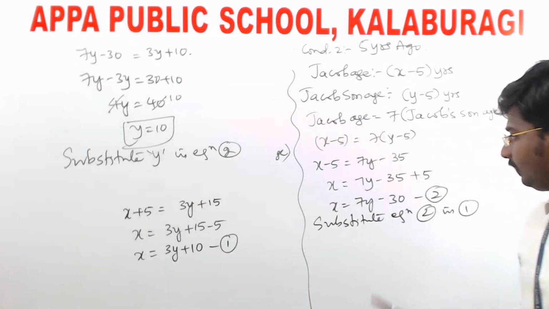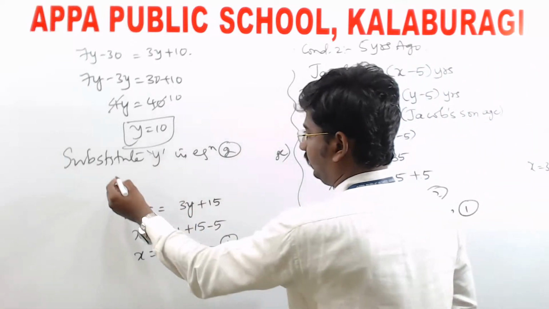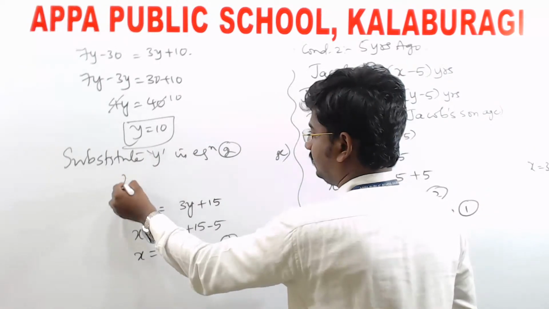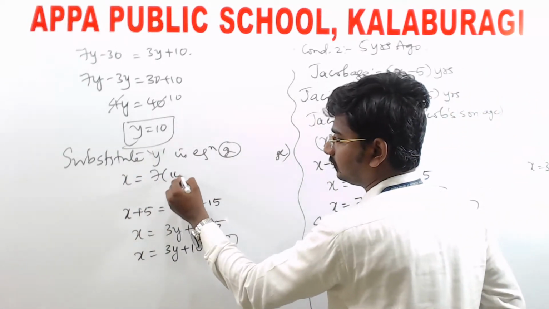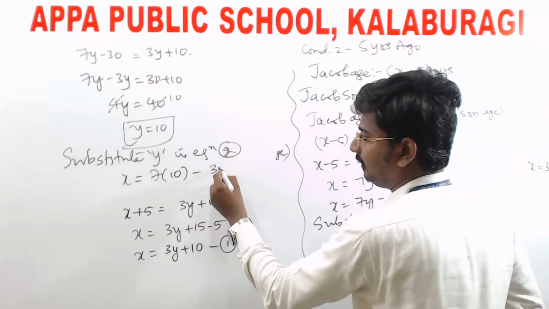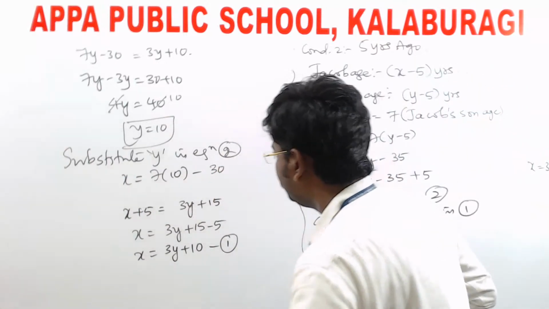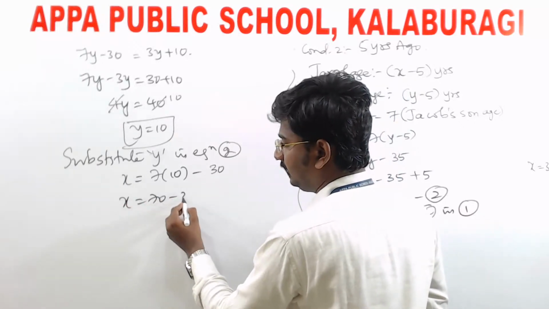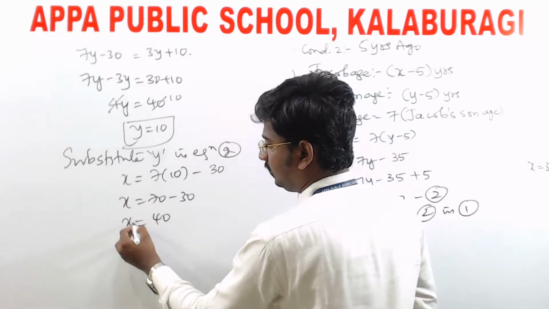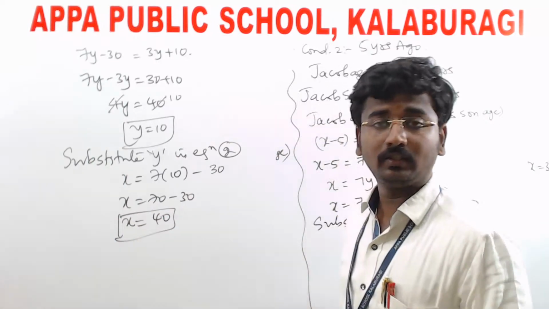Choice is yours. Now x is equal to 7 into 10 minus 30. 7 tens are 70 minus 30, which is nothing but 40. x is how much? 40.